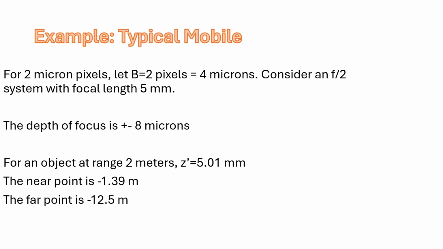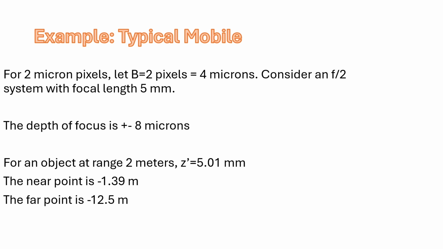If we go to a mobile device, this is again at a range of 2 meters, but the focal length is a lot smaller. We're dealing with a 5 millimeter focal length instead of a 50 millimeter focal length, and so the depth of field is increased because of the change in the focal length to 10 meters.